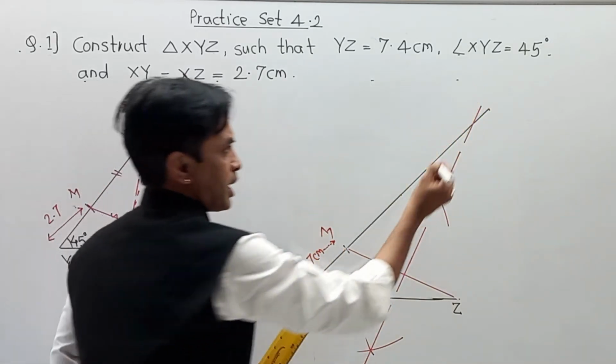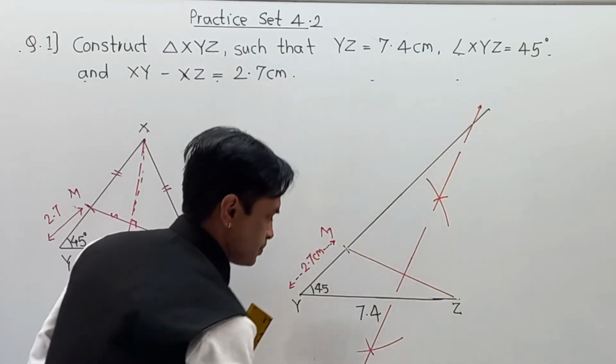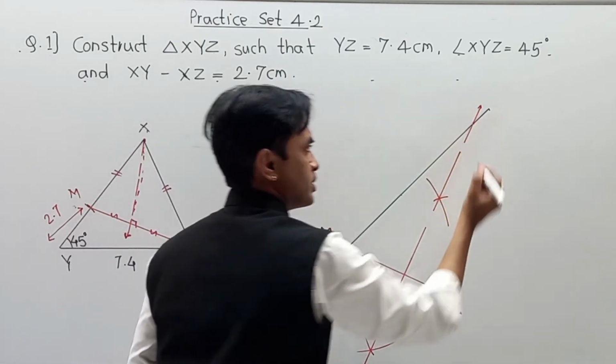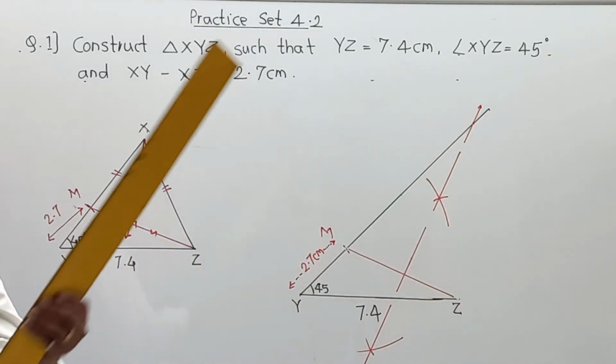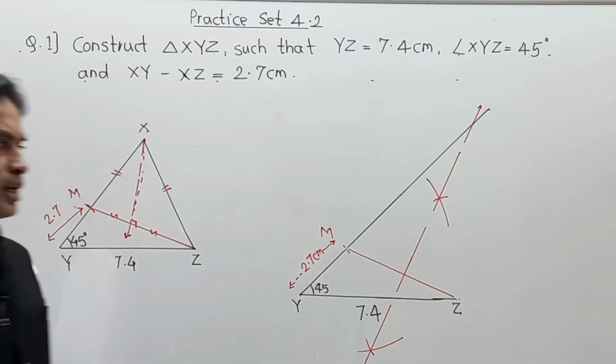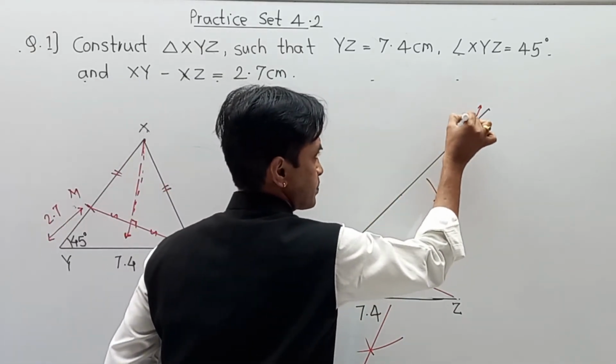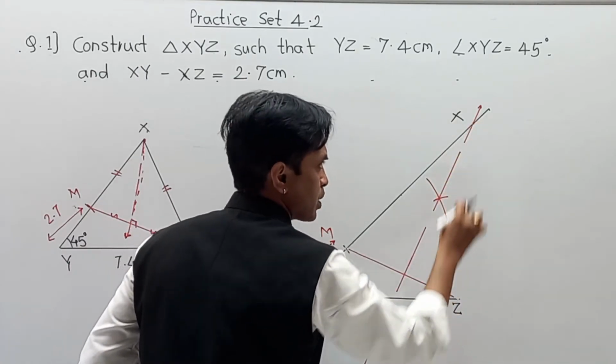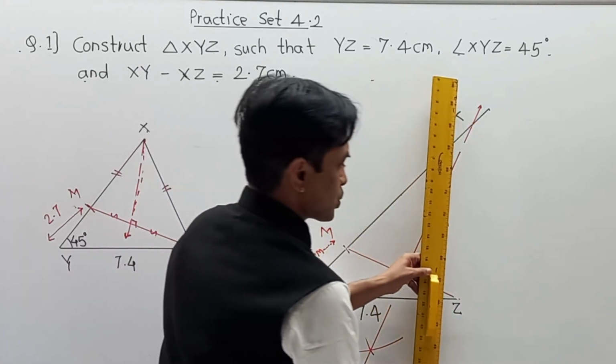And in this way I have drawn this new line over here. Now this is your main required point, and we indicate it as point X. And now you have to join X with Z or Z with X. So I am going to join it.